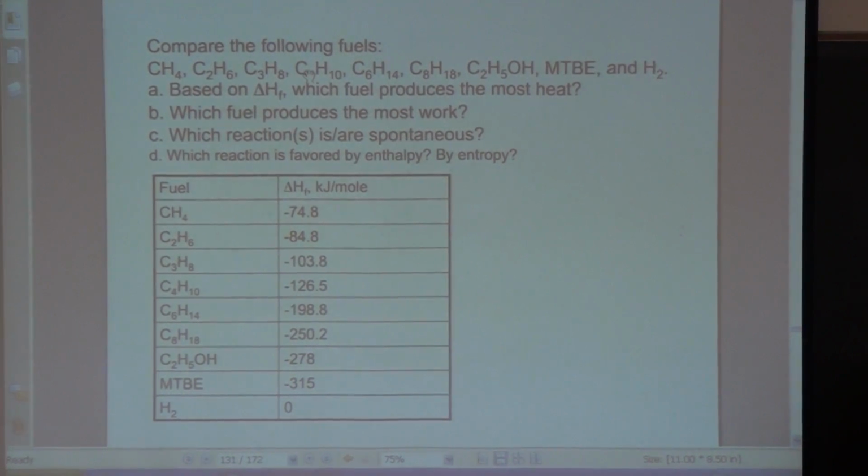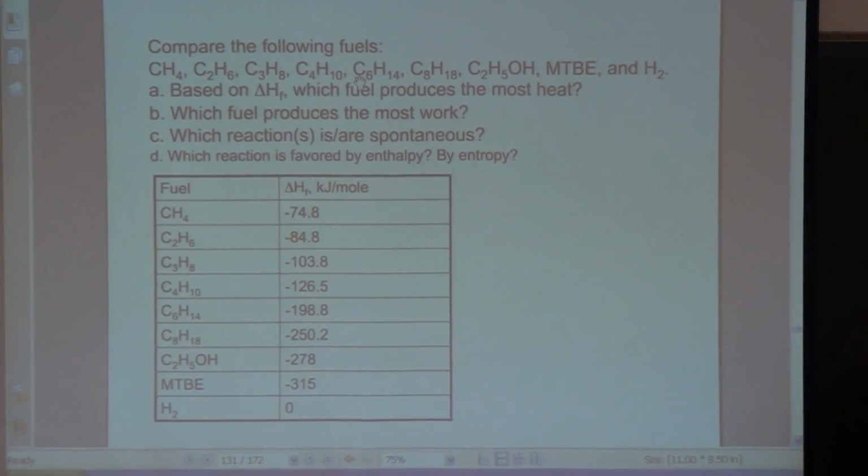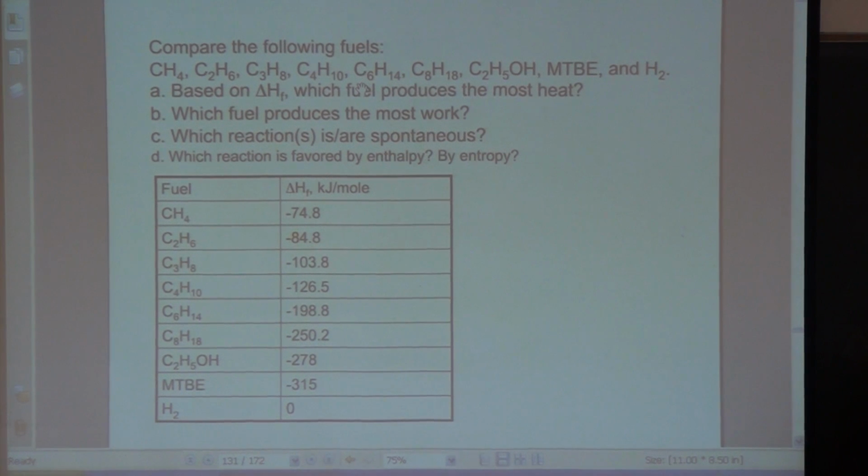Butane is used in camping stoves or those lighters. C6H14 is hexane. Hexane is also a component of gasoline, along with C8H18, which we just looked at, octane. C2H5OH, what's the name of this compound?